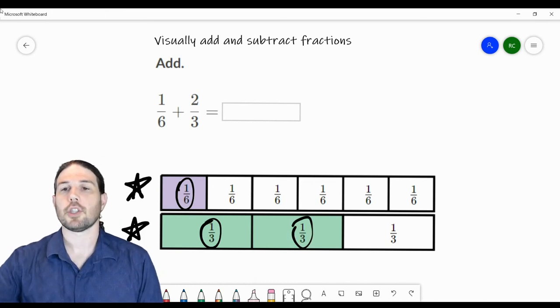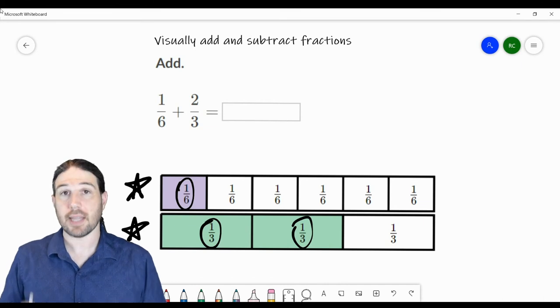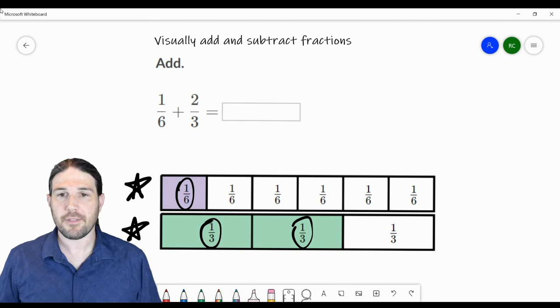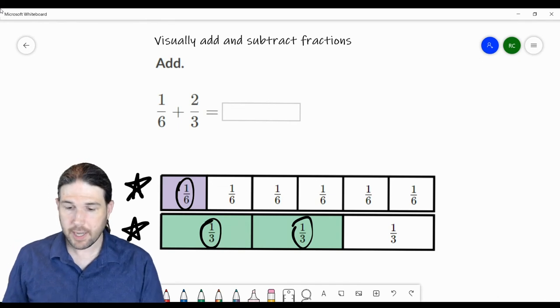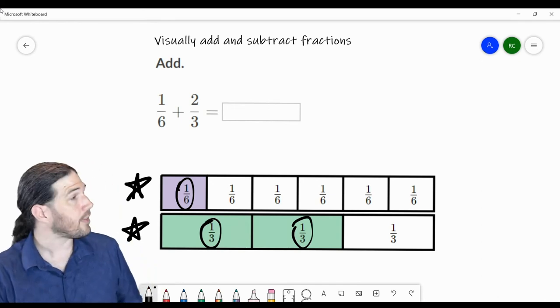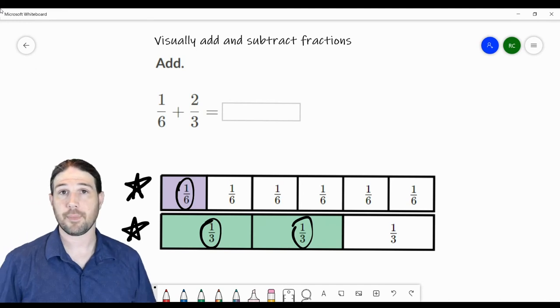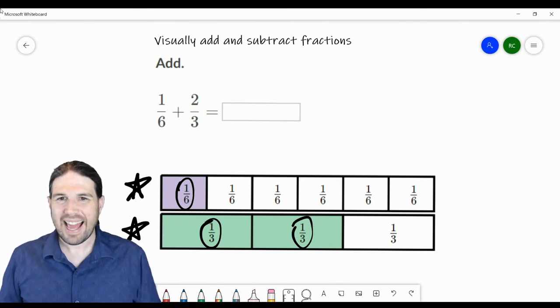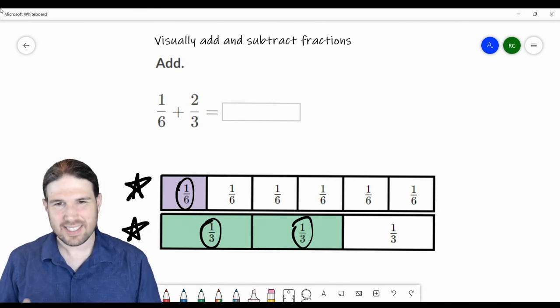All right? So I want you to think of this like the cakes in the video that we watched last time. Think of this as a cake that has been cut into 6 pieces and a cake that has been cut into 3 pieces.